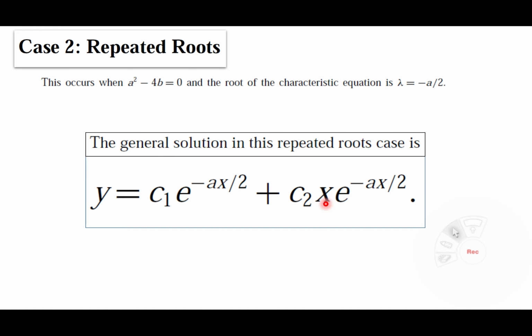So they are going to be pretty much the same, except that we have the term x here. Almost the two terms are identical. Okay, so this is the second case for us.